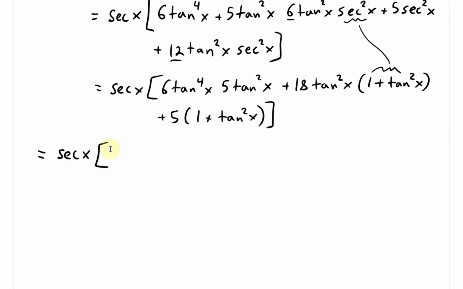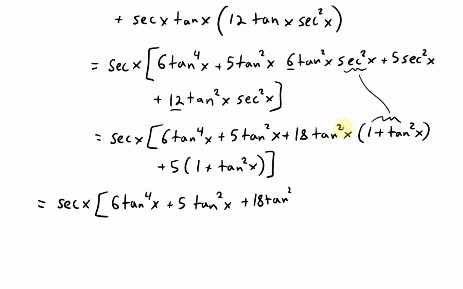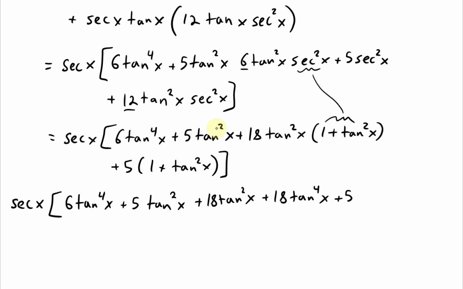So it's going to be secant of x times 6 tan 4 of x, plus 5 tan squared of x, plus 18, multiply this inside, 18 tan squared of x plus 18 tan to the power 4 of x, and then plus 5 tan squared. Put a regular bracket over here.